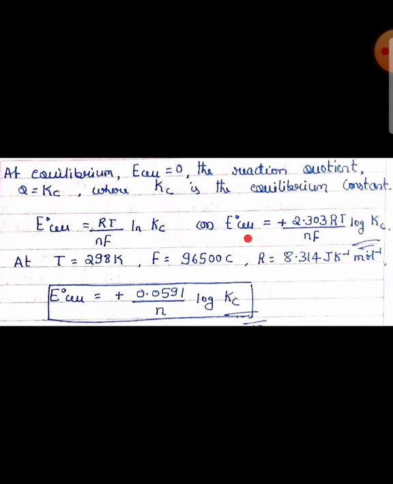So we get the formula E naught cell is equal to 2.303 RT by nF log of Kc. Here temperature is 298 Kelvin, Faraday is 96,500 coulomb, R value is 8.314 joules per Kelvin per mole. If we calculate all these values, as I have explained, we get 0.0591 divided by n log of Kc.